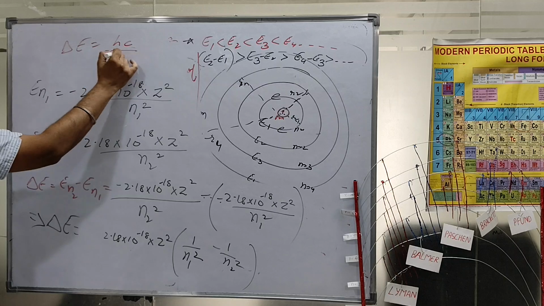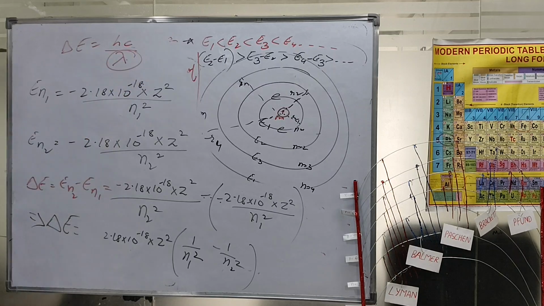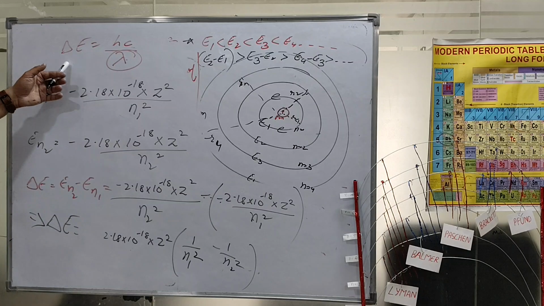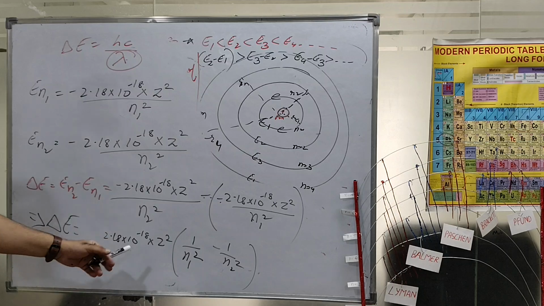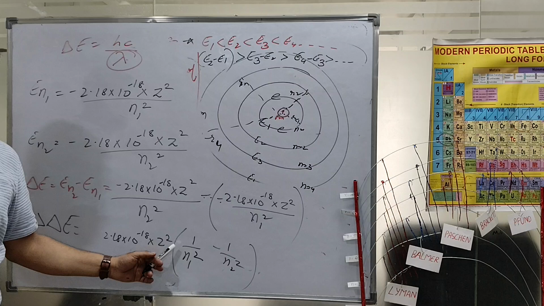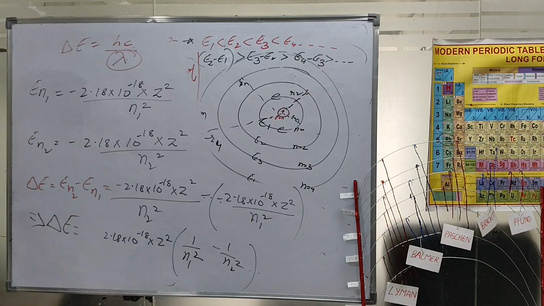So from here we can also calculate the wavelength. Delta E is 2.18 into 10⁻¹⁸ Z square (1 by n1 square minus 1 by n2 square), and delta E is equal to hc over lambda.